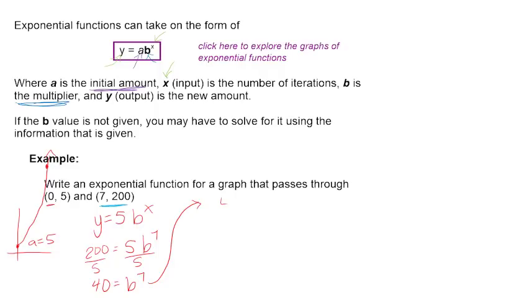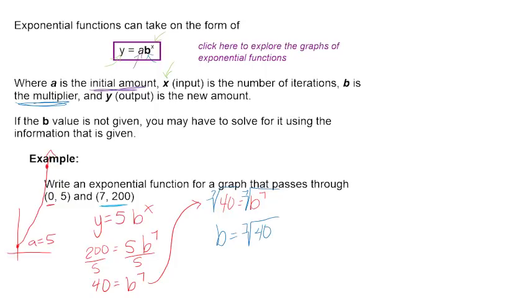So if you have 40 is equal to b to the 7th power, how do we undo taking something to the 7th power? Well, we 7th root it. This is good review for us from past chapters when we were using different roots of different indexes. Okay, so b is going to have to equal the 7th root of 40.